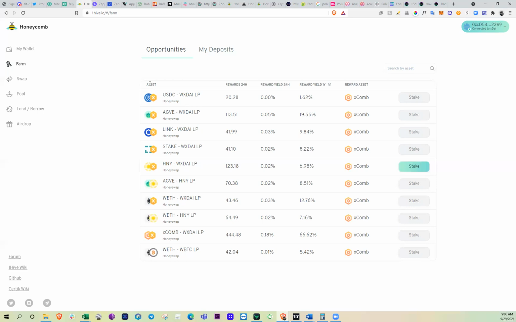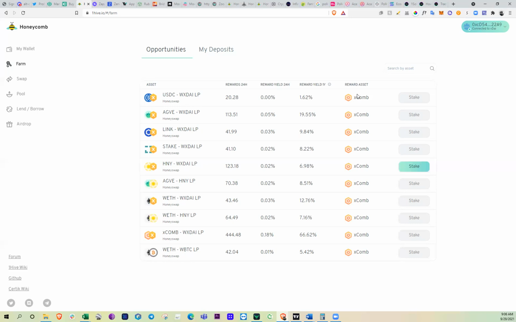When you put these two tokens into the pool and they give you this token in return to represent your share in the pool, you then take this token and you stake it or you farm it on here to earn your percentages, and your percentages will be paid out in this new XComb token, right?